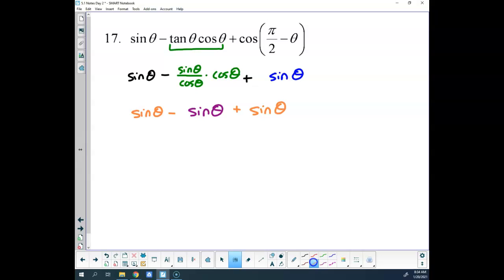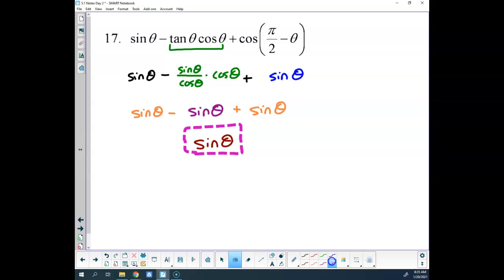Sine of theta minus sine of theta plus sine of theta is sine. Isn't that cool? That big, long, ugly thing really is just sine of theta.